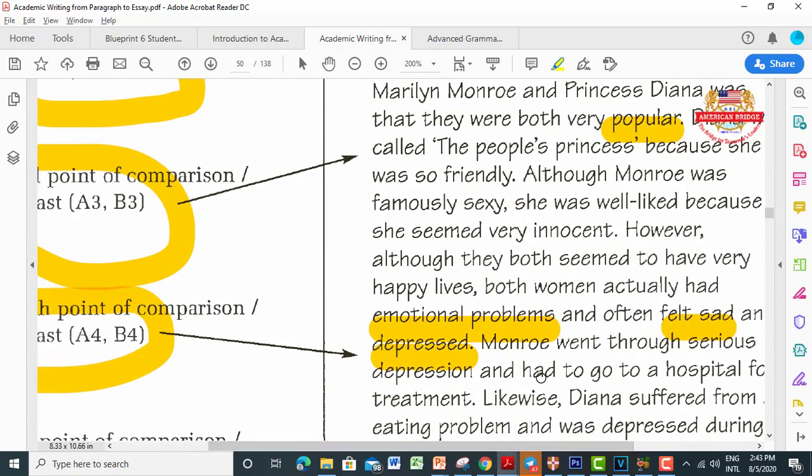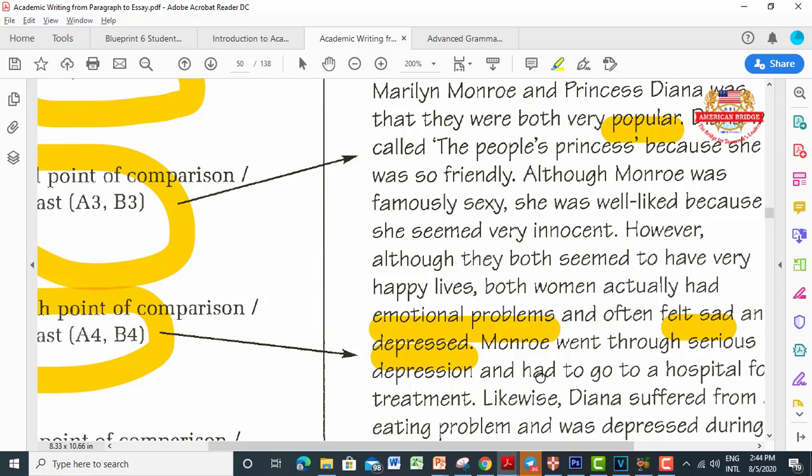they compare their problems. What problem is it? We call it emotional problems. They both had emotional problems. Sometimes they felt sad and depressed. In the past, Monroe went through serious depression, and she had to go to the hospital.